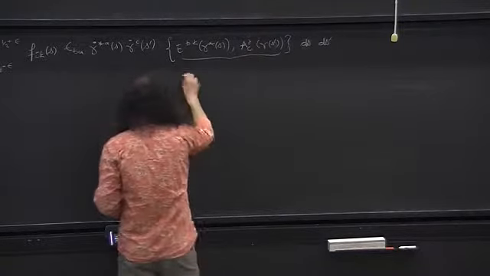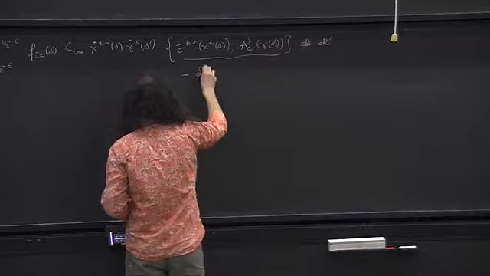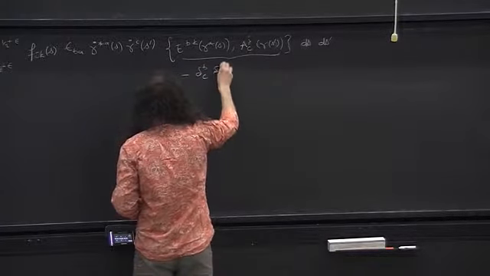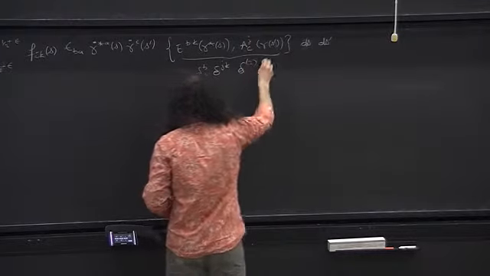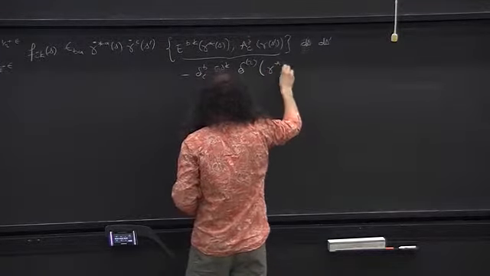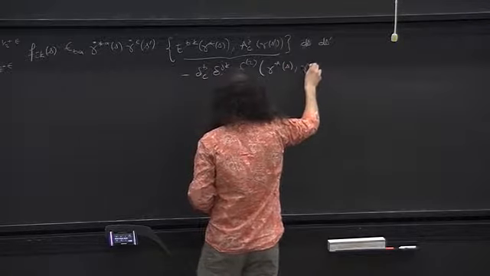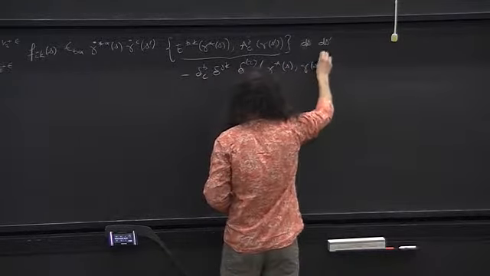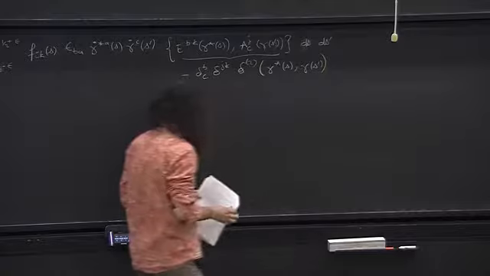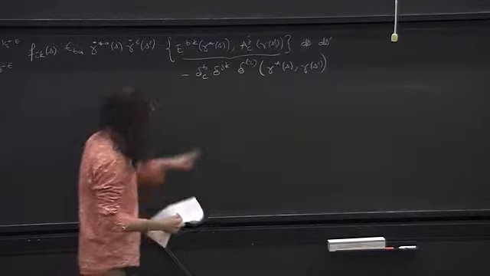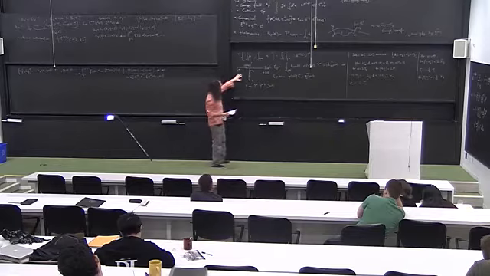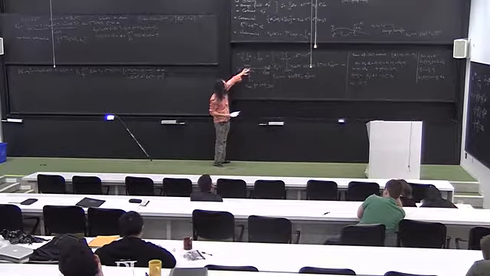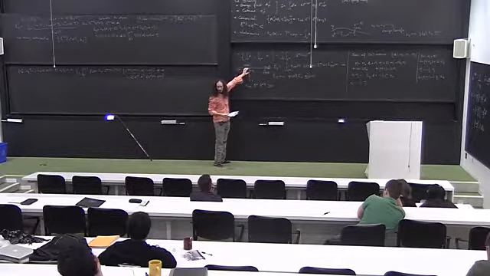So this is minus delta BC, delta JK, a two-dimensional delta between gamma star of S and gamma of S prime. So here, indeed, I see that the only non-trivial contribution comes from this crossing, where gamma star of S is equal to gamma of S prime.